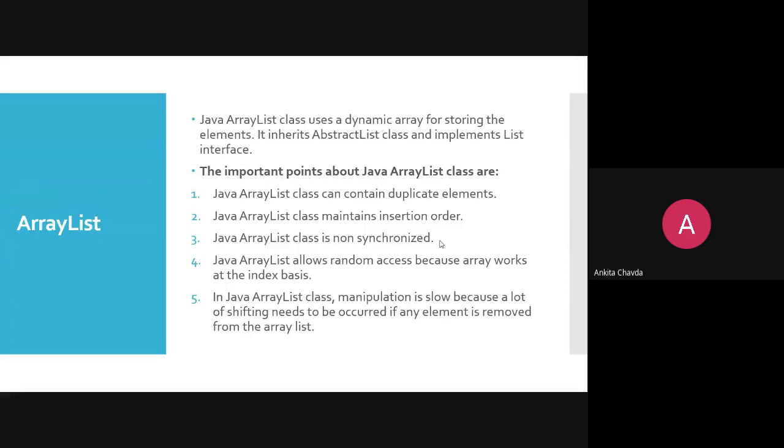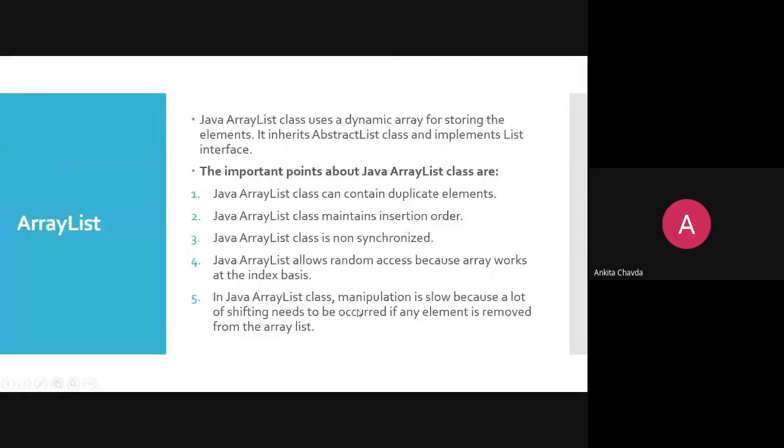Because multiple threads are using your class at the same time, and you are removing or updating some of the elements, it will create confusion about which elements were with thread 1 and which elements are with thread 2. They will both be different. So non-synchronized means that where you do not have a multi-threading environment, there you can use it, right?